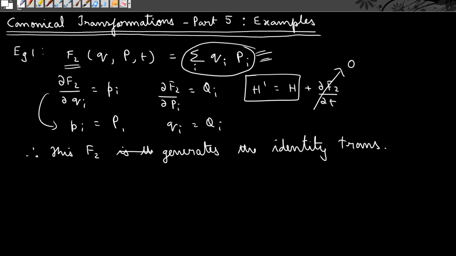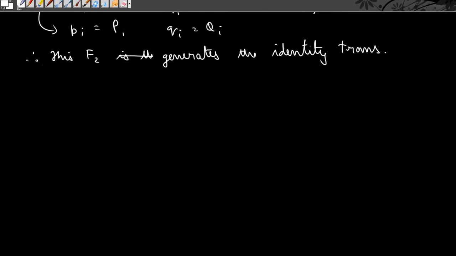So the identity transformation is also a canonical transformation which can be generated using a type 2 generating function.